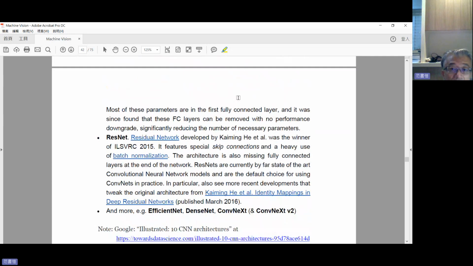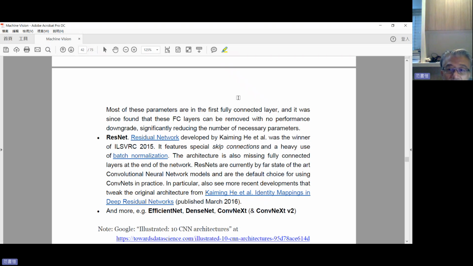Residual net is a genius work by Kaiming He, who worked as an AI expert at Microsoft, and was a winner of the ILSVRC. It features skip connections and heavy use of batch normalization.